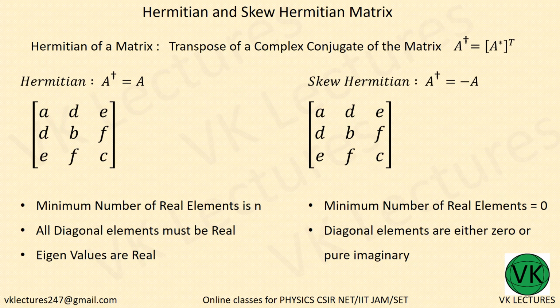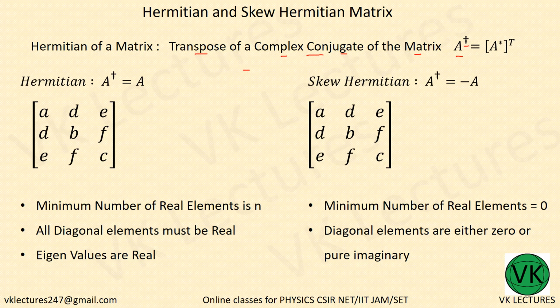Hermitian and skew Hermitian matrix. What is a Hermitian matrix? It is the transpose of the complex conjugate of the matrix. Either take the transpose of the complex conjugate, or you can first do the complex conjugate and then take the transpose.